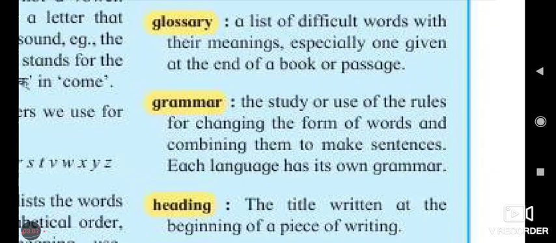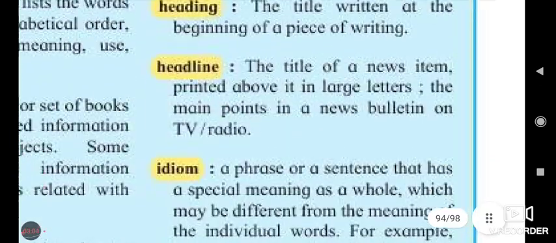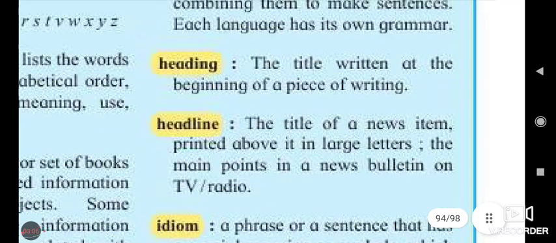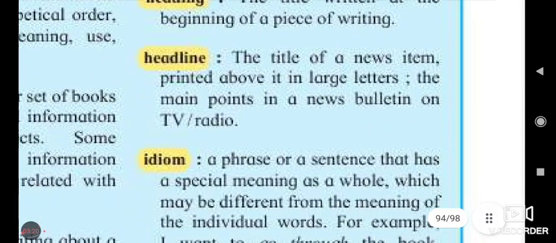Each language has its own grammar. Heading means the title written at the beginning of a piece of writing, or the main points in the news bulletin on TV and radio.